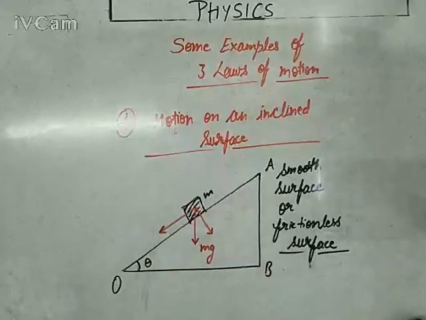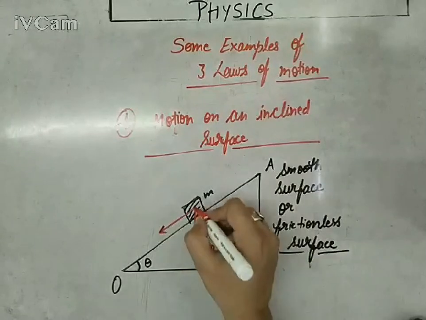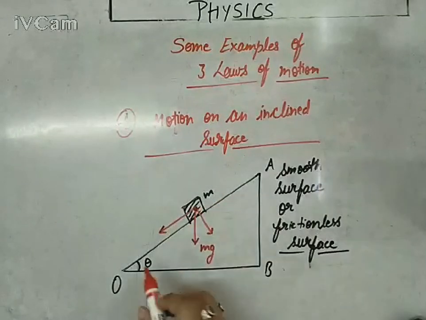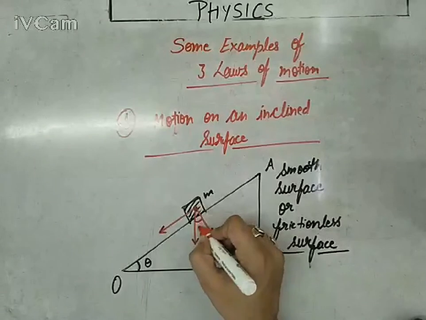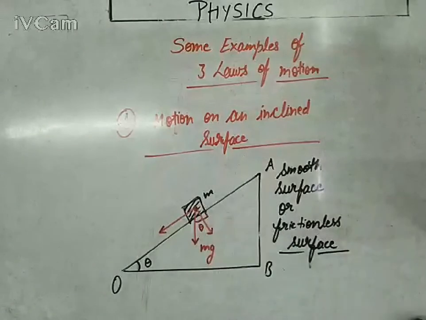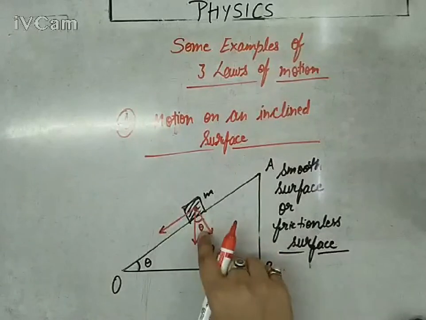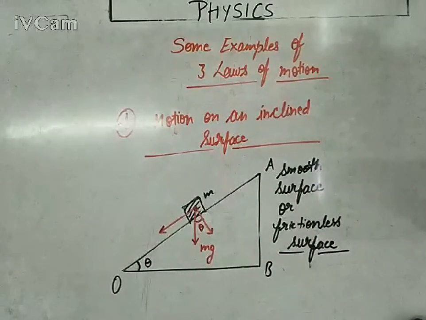If this angle is theta, this angle will also be theta, because this angle is 90 actually.